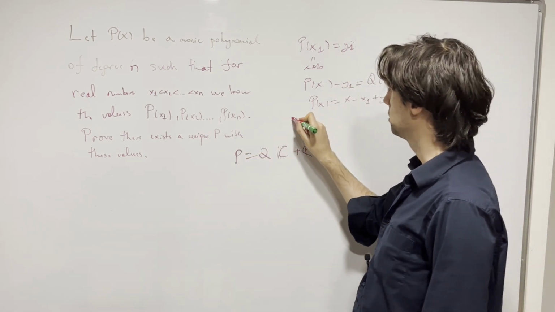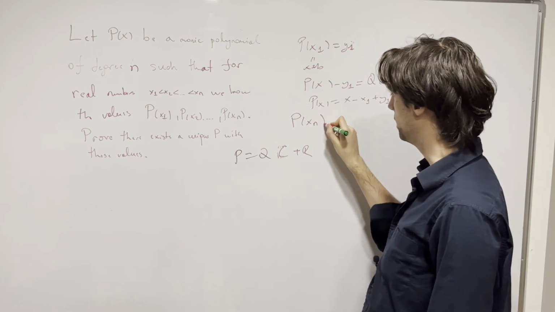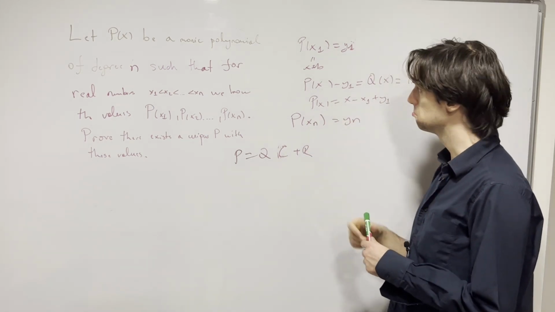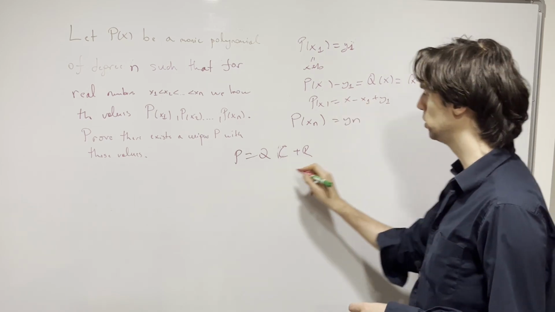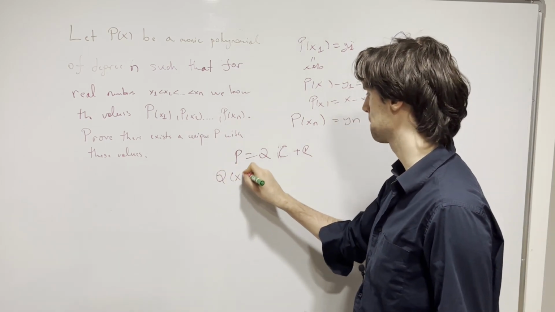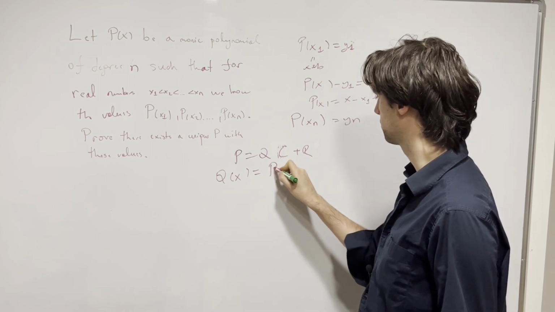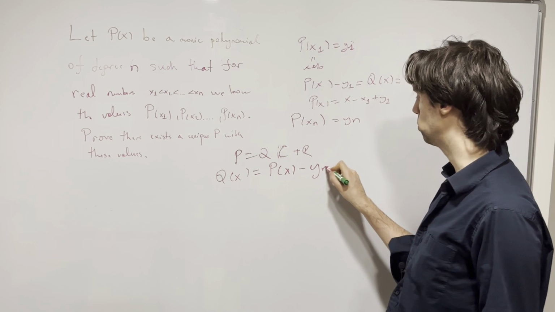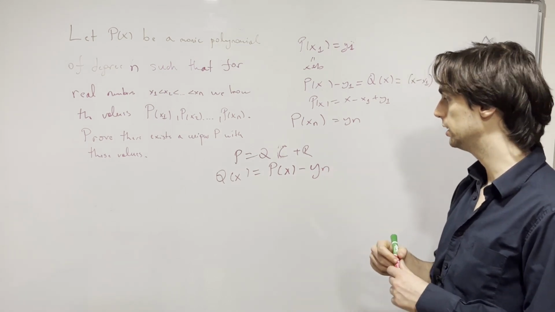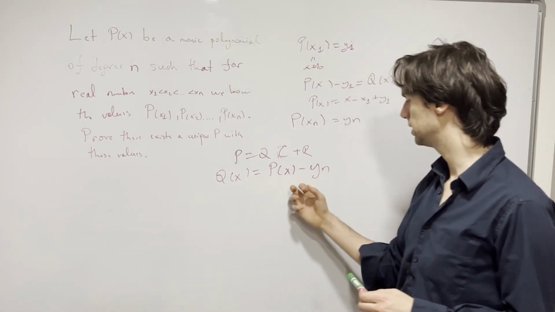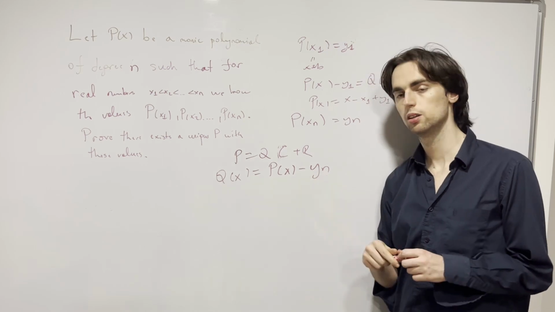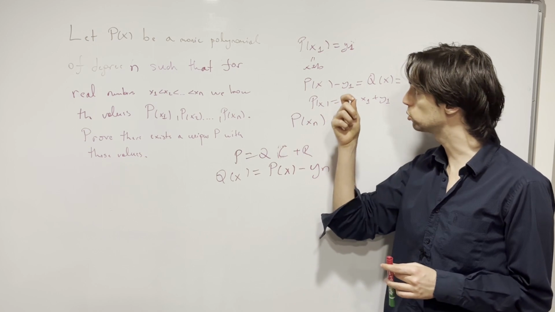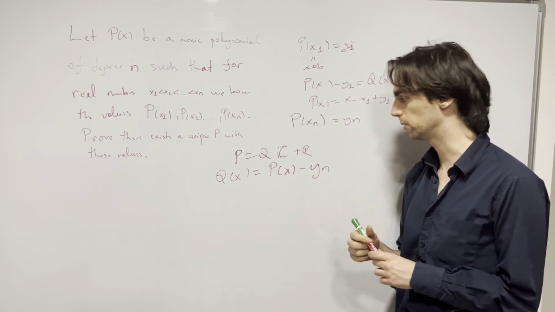So say p of xn is yn. I'm going to do the same thing I did here. Let q of x be equal to p of x minus yn. And then I know q of x is divisible by x minus x1, since for x equals x1 this is going to be 0.